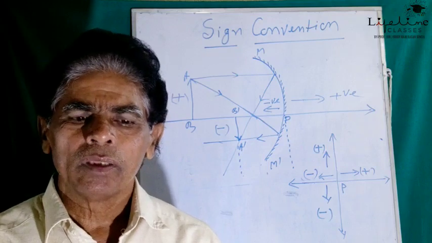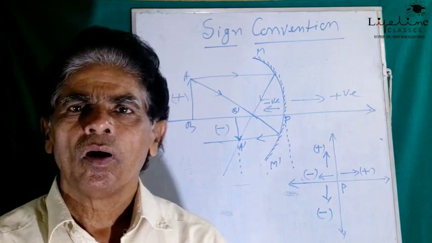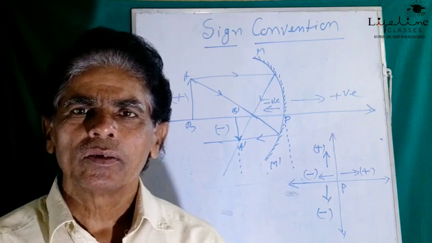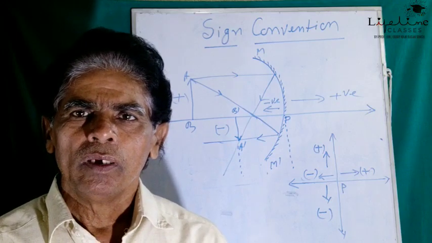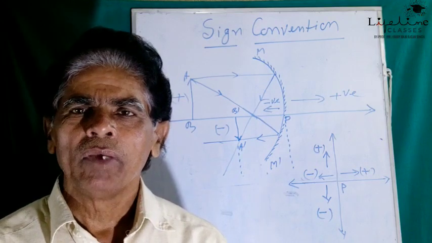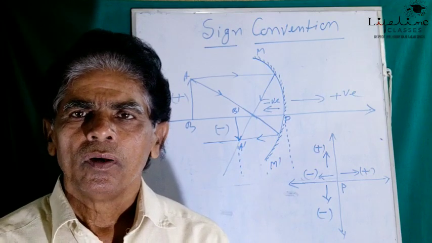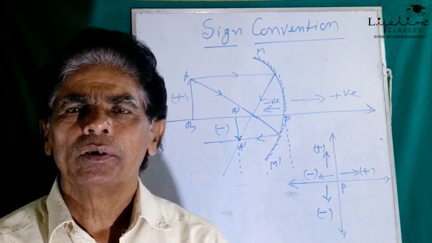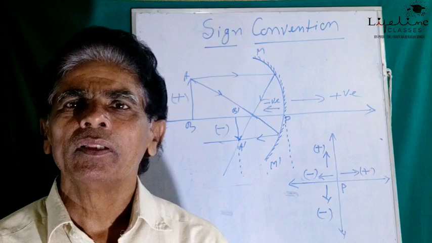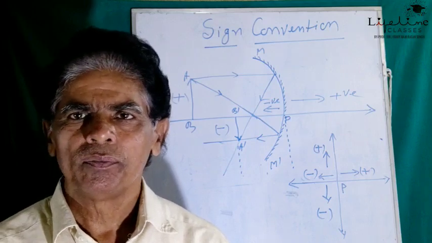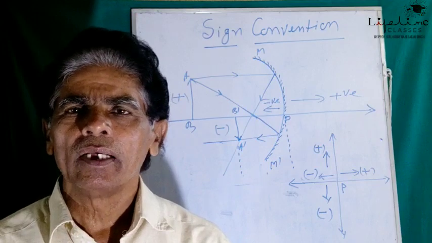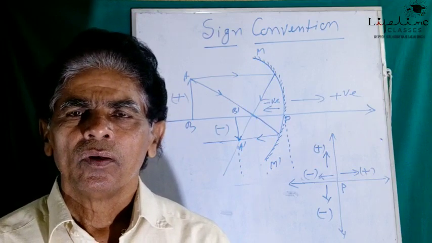By using the proper sign of the different object distance, image distance, height of the image, we have to use the proper sign before solving the numerical problem.